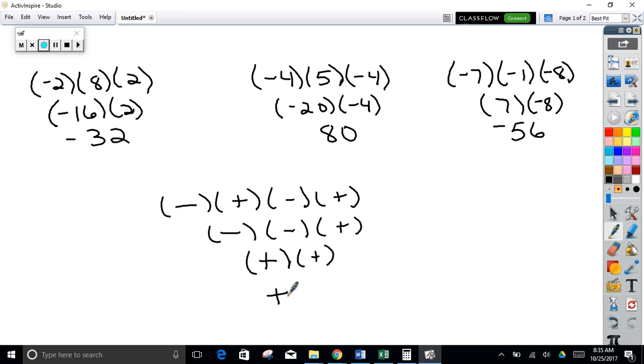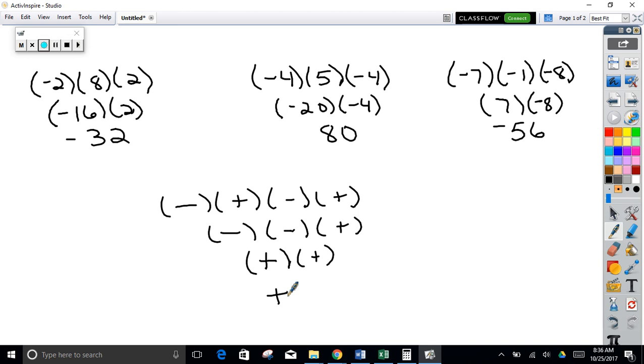Okay, the next one, if I do negative times a negative times a negative, what will I get? Negative. Good, we'll get negative. Next one, Eli, if I do 4 negatives in a row, what do I get? Positive, good. And the last one, Jake, if I multiply 5 negatives in a row, what do I get? Negative. It would be negative.